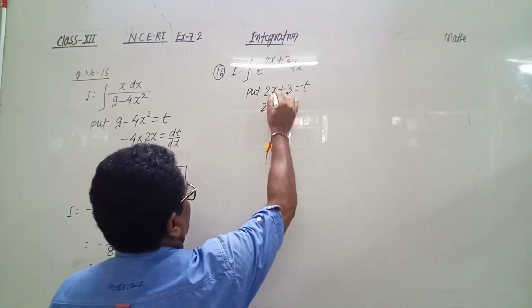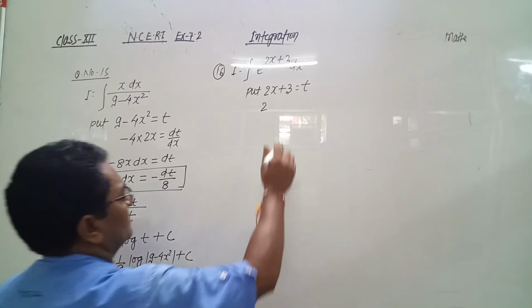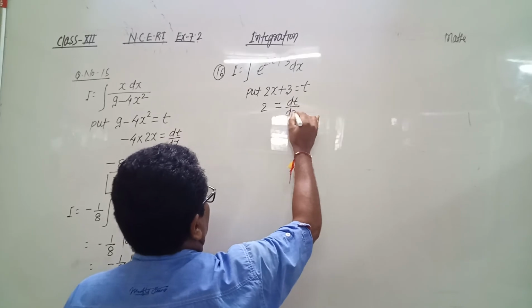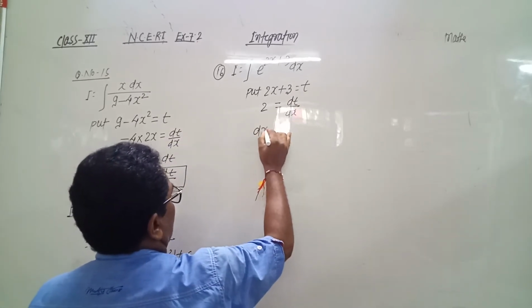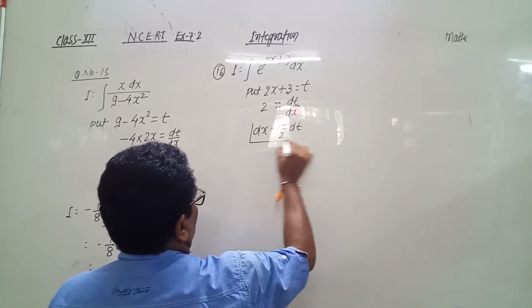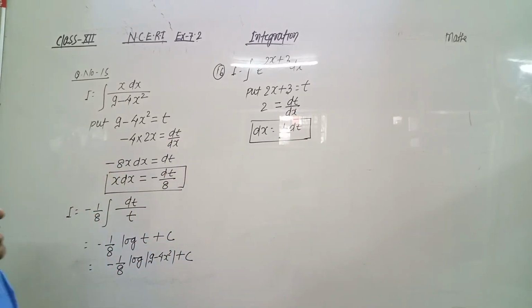So 2 times differentiation of x is 1, differentiation of 3 is 0, a constant term, and differentiation of t is dt by dx. So we get dx equals 1 by 2 dt.